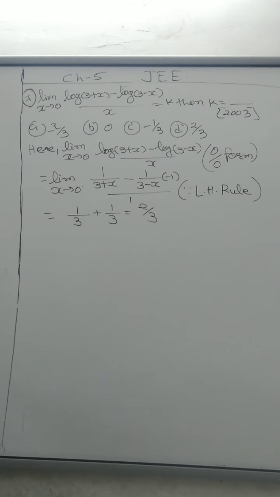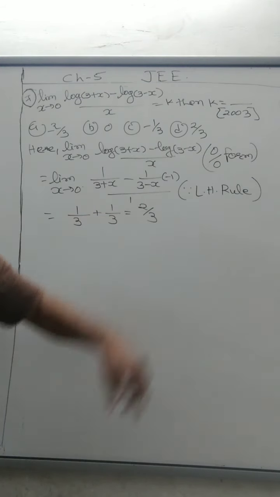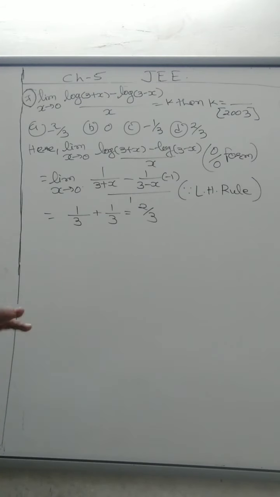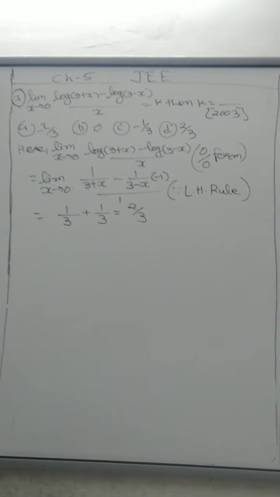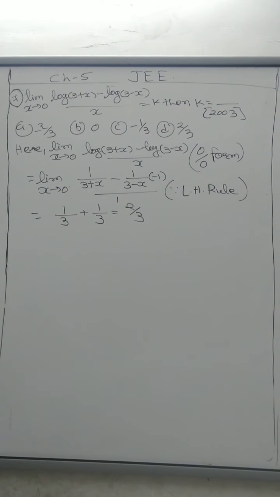The 7th sum is quite a good sum, but when you apply L'Hospital rule, then it is very easy. Otherwise there are some different kinds of situations and so many big methods, but we take the shortest method. So remember this thing very carefully, that you do the JEE sum.